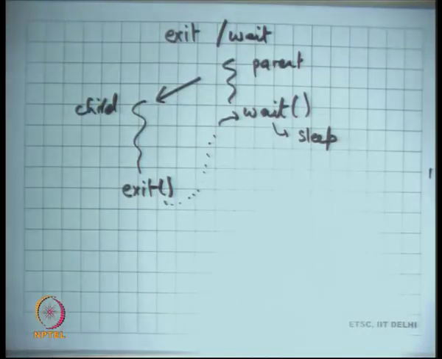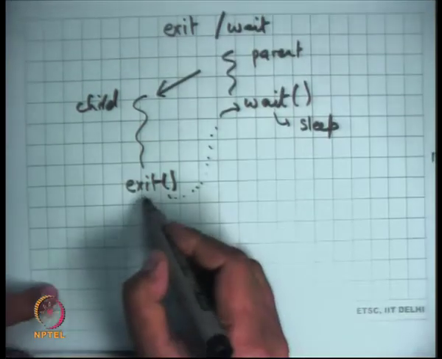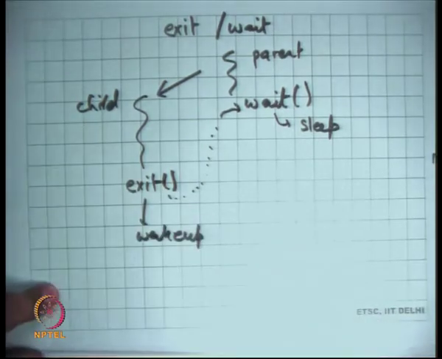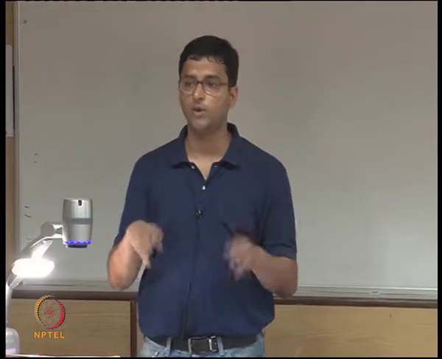The condition is do I have any children, and if so are they running, and if so I'll start sleeping on some channel, and then exit should call wake up on that particular channel, right. So that if there was a parent sleeping on that channel, then it will wake up and can actually come out of the wait.